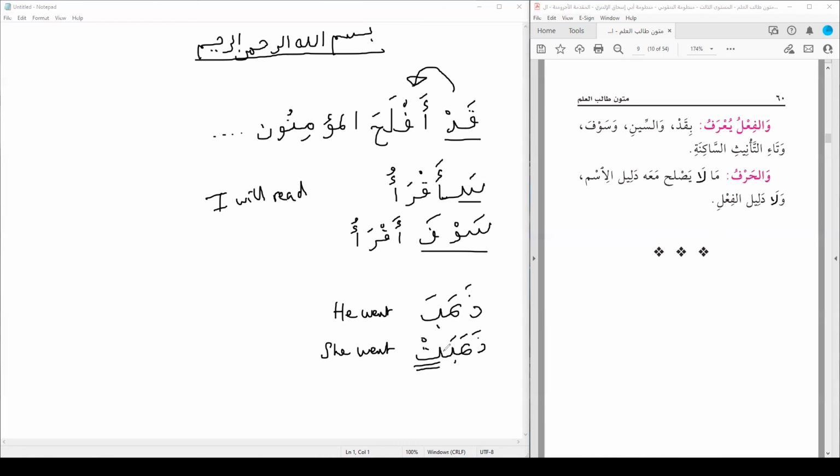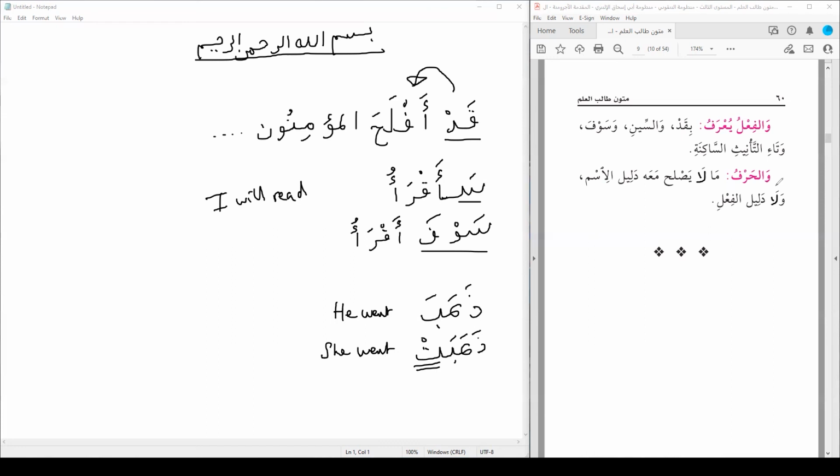This ta here, which is a ta maftuha with a sukun, is what is called ta' ta'nith as-sakina. It's a ta for ta'nith, which makes it feminine, and it's sakina, it has sukun on it. So dhahaba becomes dhahabat, he went and she went. Because this ta attached to the word dhahaba, it shows that dhahaba is a verb as well. In this particular case, it's a fi'lu madin, a past tense verb.